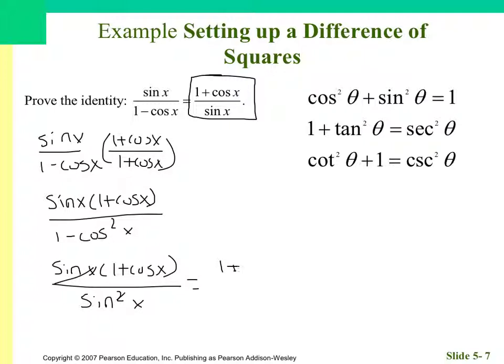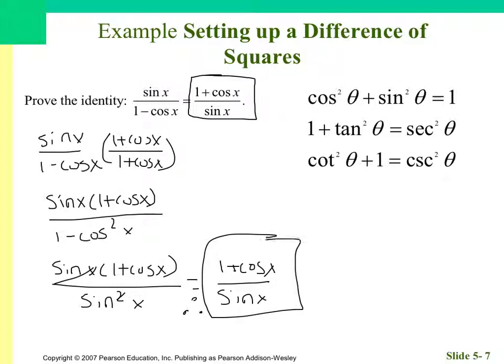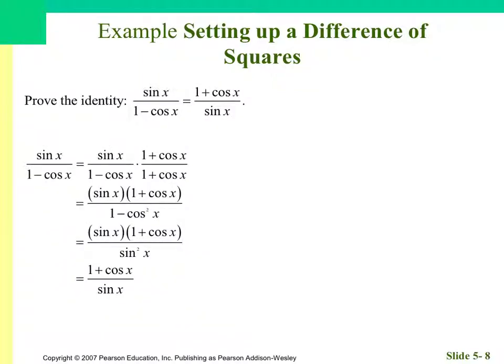So now look, I have 1 plus cosine x over sine x. Or you can use instead of equals, a symbol therefore. That's what those 3 dots mean, is therefore. So we proved it. Okay? They did the same thing. Sometimes there's more than one way to do things, so you never know.